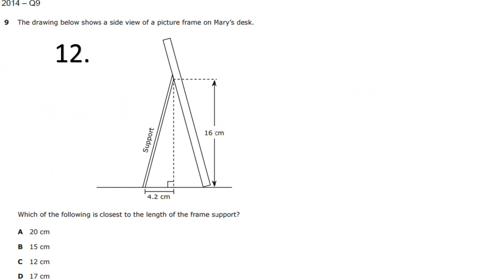Here is number 12. They gave us a picture. Don't feel overwhelmed by this picture, because all we need to do is pick out the triangle that we need. If you read it, we have a picture frame, and we want the length of the frame support.